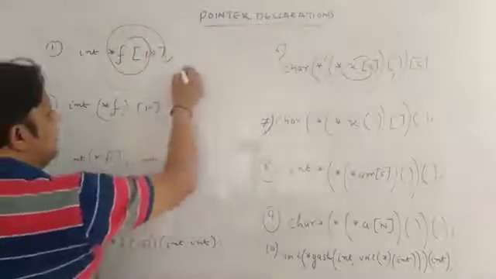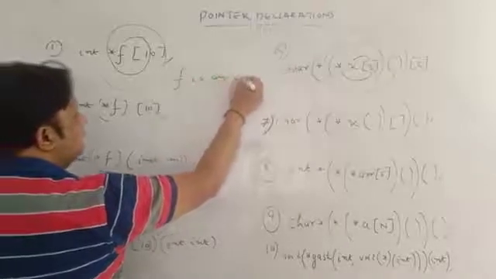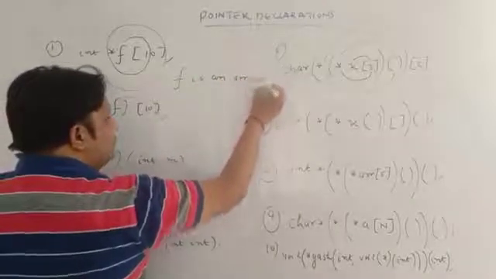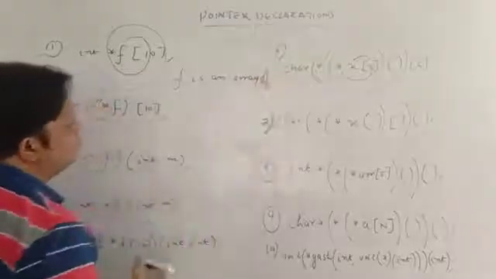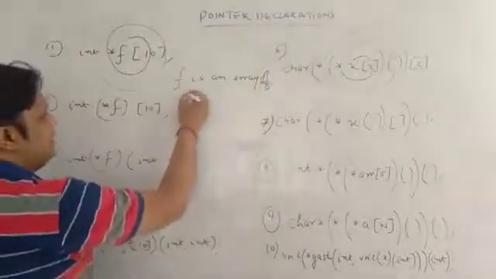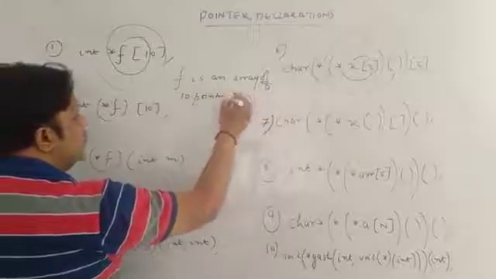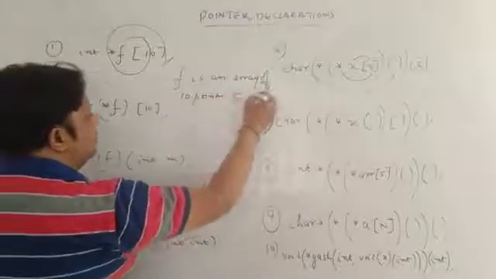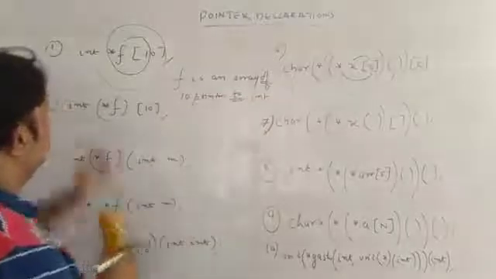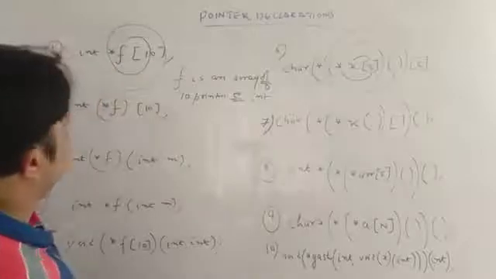You can write it like this: f is an array of, see, with array we are using "of", 10 pointers, and with pointers we are writing "to integer", right? So your f is an array of 10 pointers to integer.